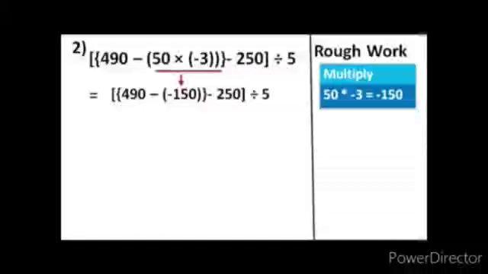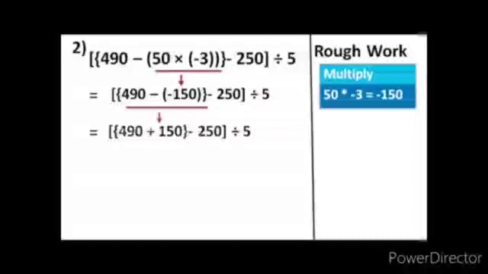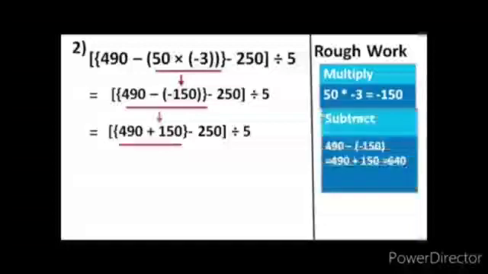Here, after that we will solve curly brackets, that is 490 minus minus 150. We get 490 plus 150 as we change the subtraction into addition, and the answer will be 640. So now we have 640 minus 250 divided by 5.